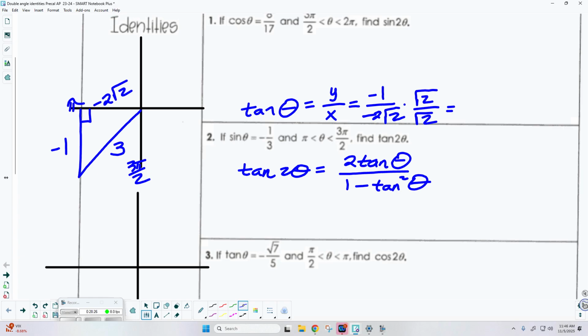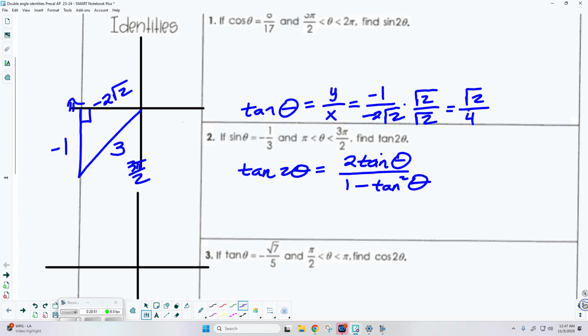Ooh, very close. Ooh, a little bit further away. Root 2 over 4. Everybody okay where that 4 came from? Anybody need me to elaborate? Okay. So for this identity here, all I need is tangent. We just found it. So now I just substitute in. Okay.